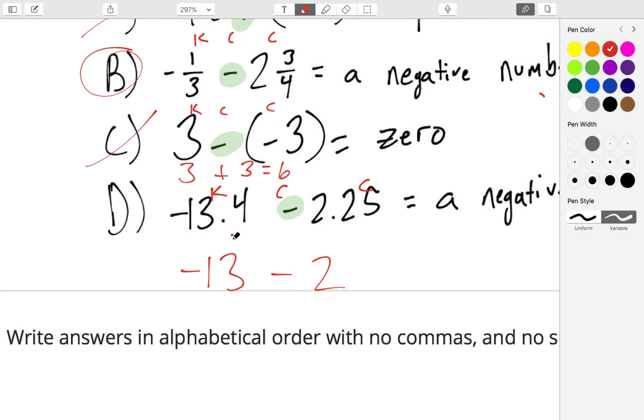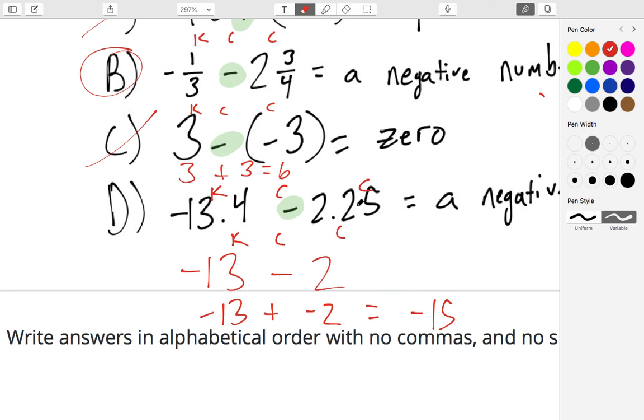Okay, now do you keep, change on this one? Negative 13, addition, and negative 2. Very good. What does this equal? Negative 15. So what we did was we first rounded it, and then after it was rounded, we did keep, change. That makes it a lot easier.